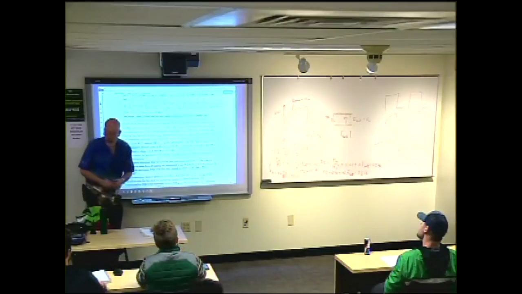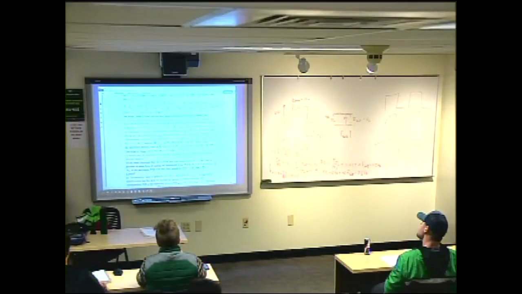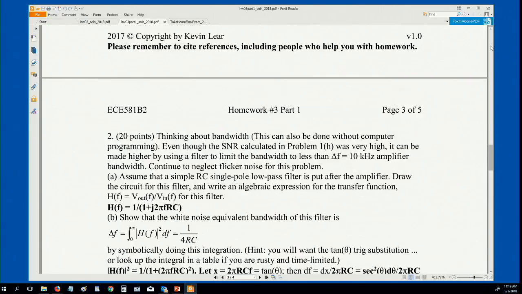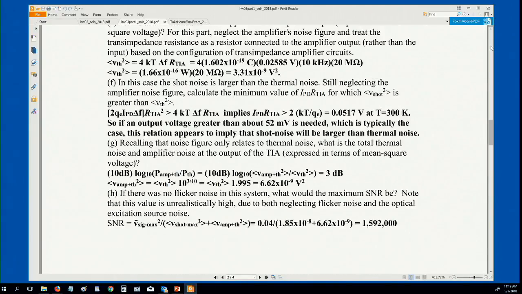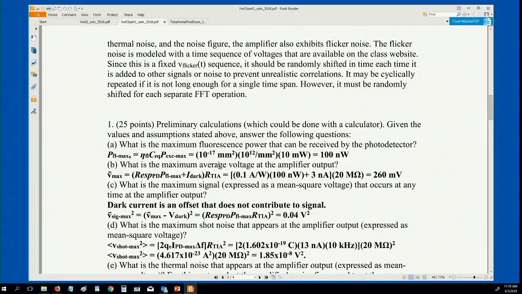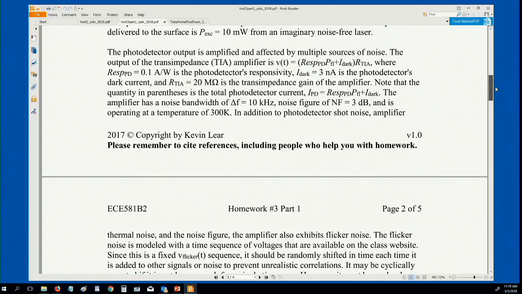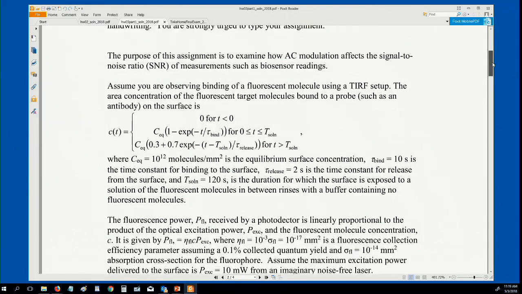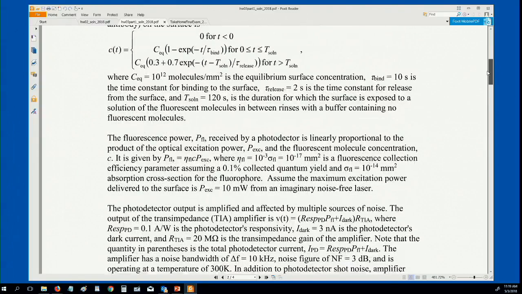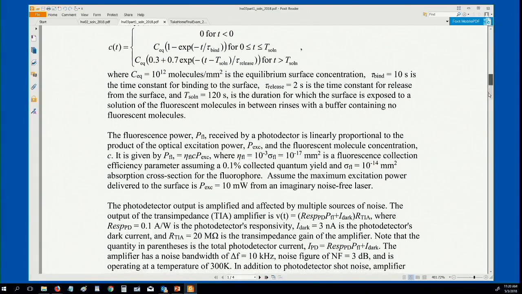when you guys did the calculation without the filter on it, and again, remember that I changed a number in my problem. I changed my C equilibrium to 10 to the 12 up here someplace. If you did the problem with 10 to the 9, that's fine, and it'll be graded as if that's fine. So that will have some impact.